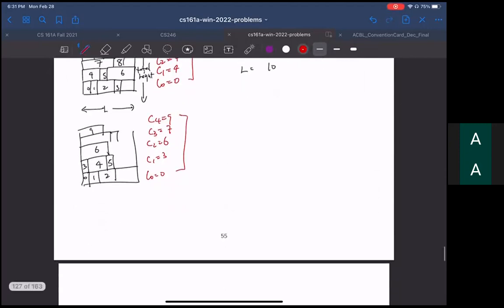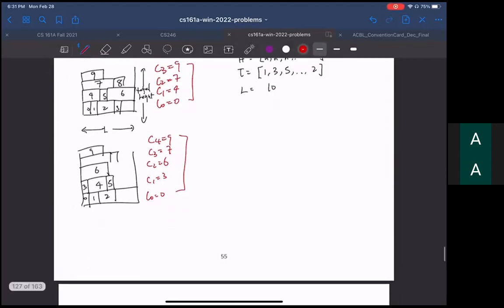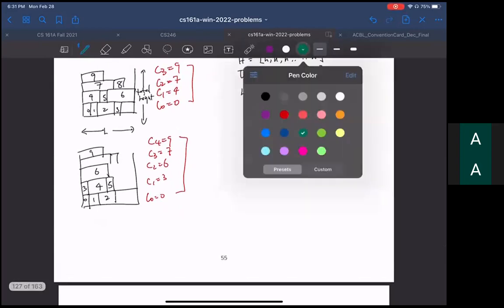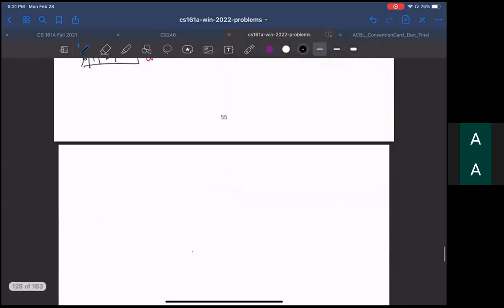Okay, now let's try to prove this algorithm is correct using induction. Just as a recap, for proofs of correctness, we always use this argument, the inductive hypothesis.